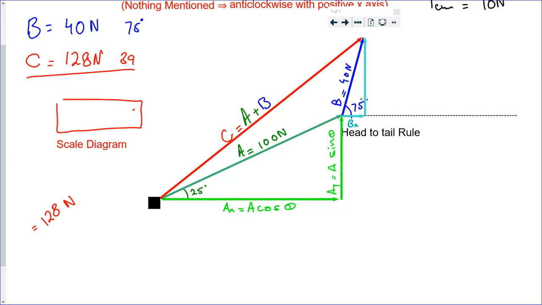That's right, Tanya. Very good. Similarly, work out the values of ax and ay.